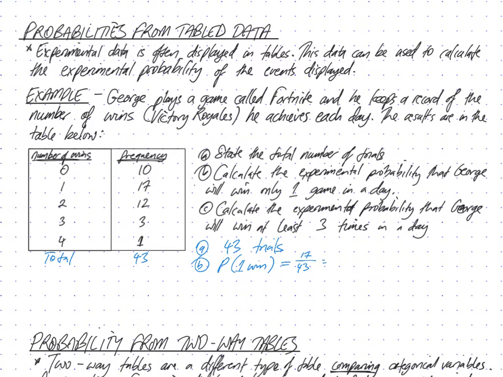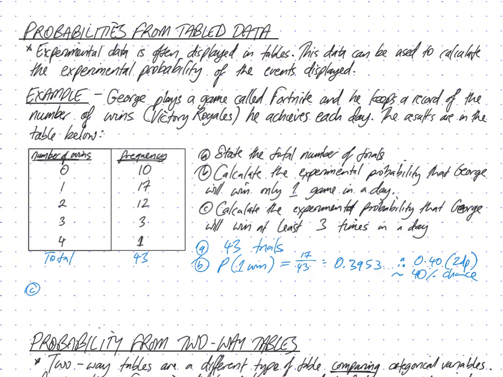It's going to be 17 divided by 43, which is 0.3953 and so on, therefore 0.40 to 2 decimal points. So it's around about 40% chance. So he's got a 40% experimental probability that he'll win 1 game in a day.